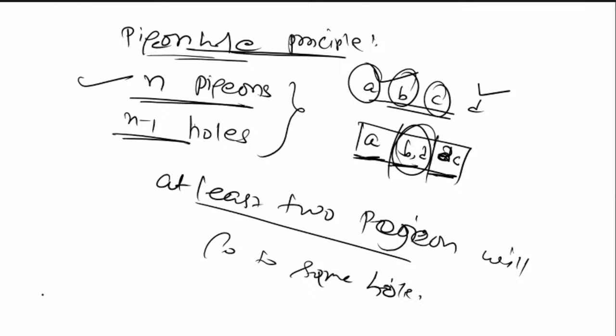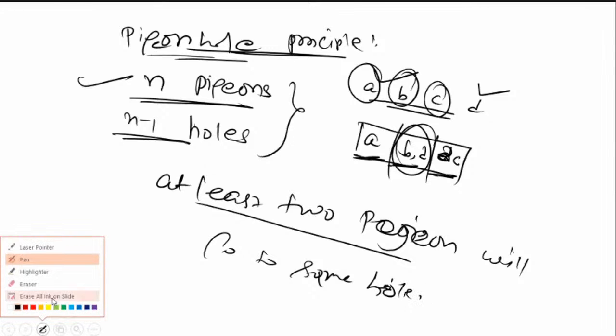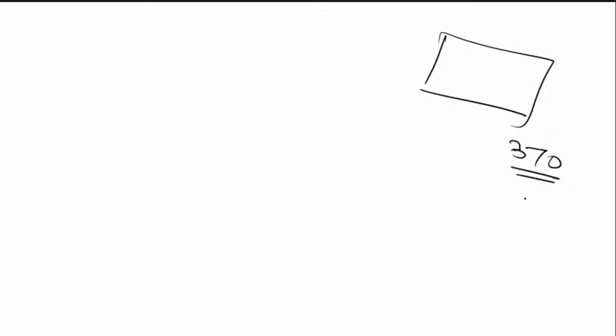Okay, let's try to see some easy examples on the pigeonhole principle. For example, let's assume there is a room. In this room, there are 370 people. If you have 370 people in this room, then you can guarantee that at least two of them will have the same birth date.